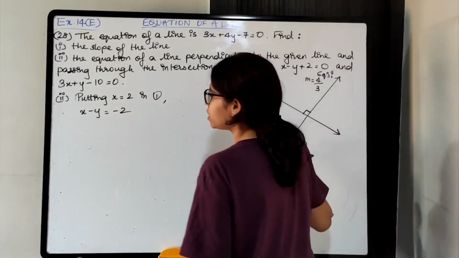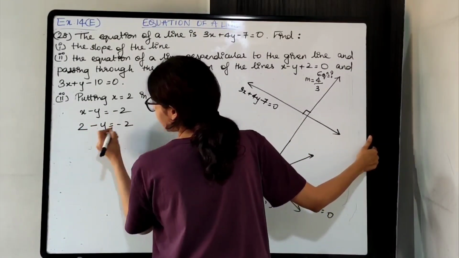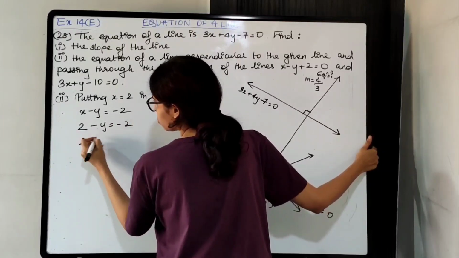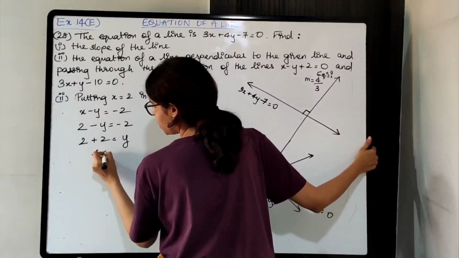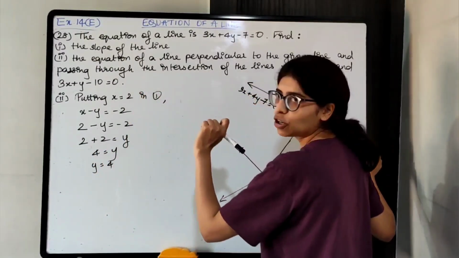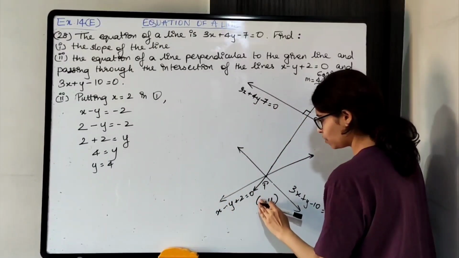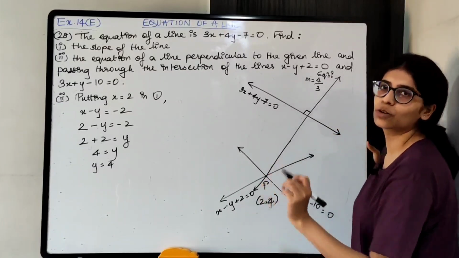So this was the equation. Put 2 in place of x. शिफ्ट y over here and 2 over here, so -2 + 2 हो जाएगा and -5 + y हो जाएगा. So 4 is equal to y, that is y is equal to 4. Okay, we got the value of y, we got the value of x. So 2, 4 मिल रहा है. So P का coordinates मिल गया.